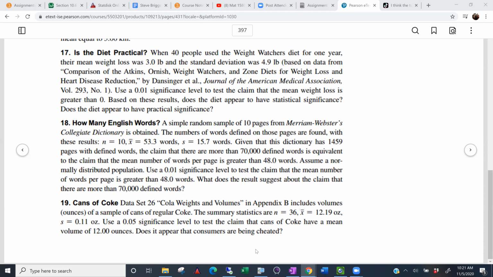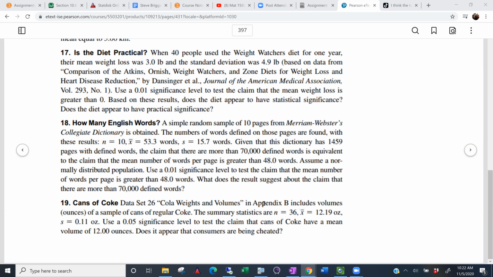Was there a statistically significant result here as far as the claim is concerned? Did people lose more than 0 pounds? Yes. We rejected the null hypothesis that there was no weight loss. We rejected the possibility that mu equals 0.